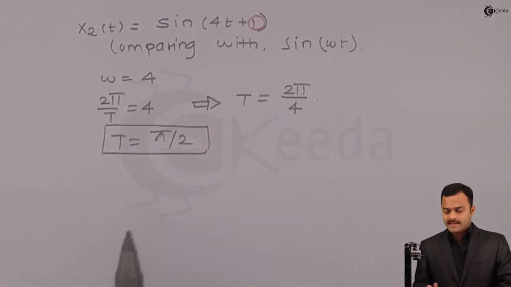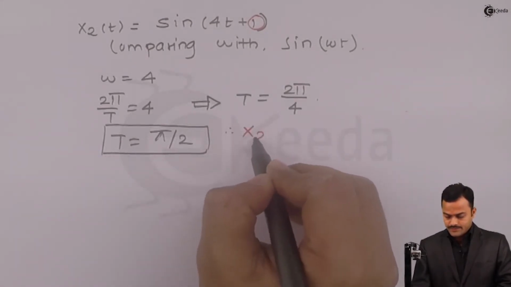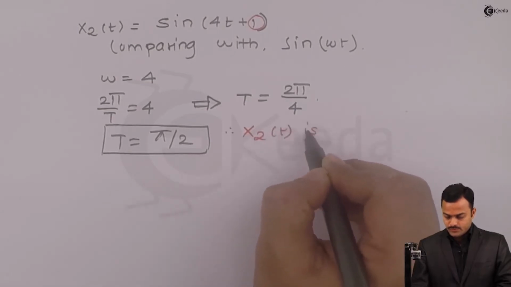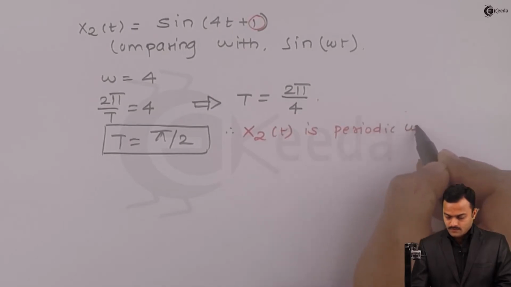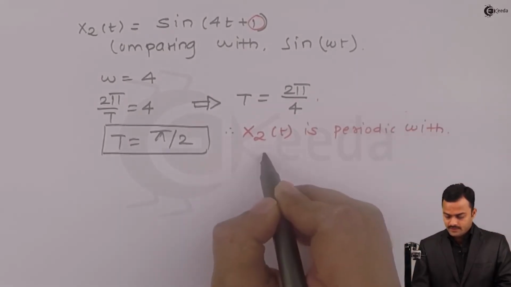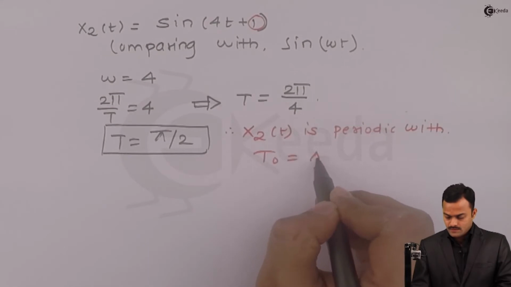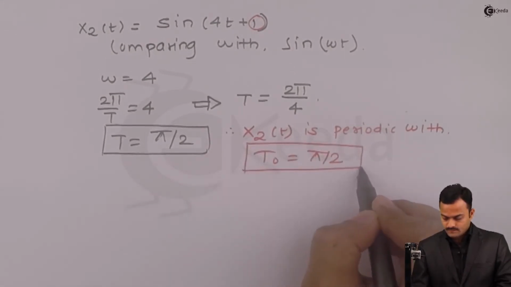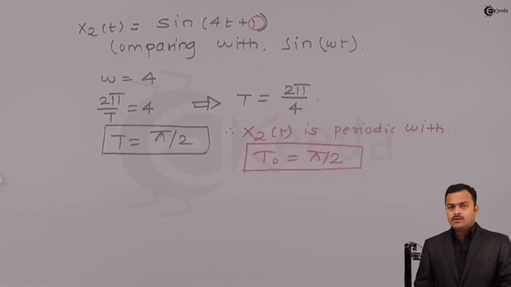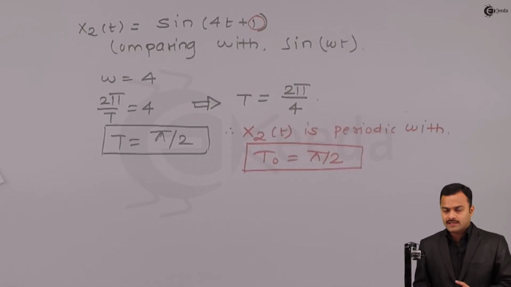So once again I can say x2(t) is also a periodic signal. This time the fundamental time period T0 is pi divided by 2. So now what we have done, x(t) we split into two signals. Each signal has been proved to be periodic, with a fundamental time period calculation.